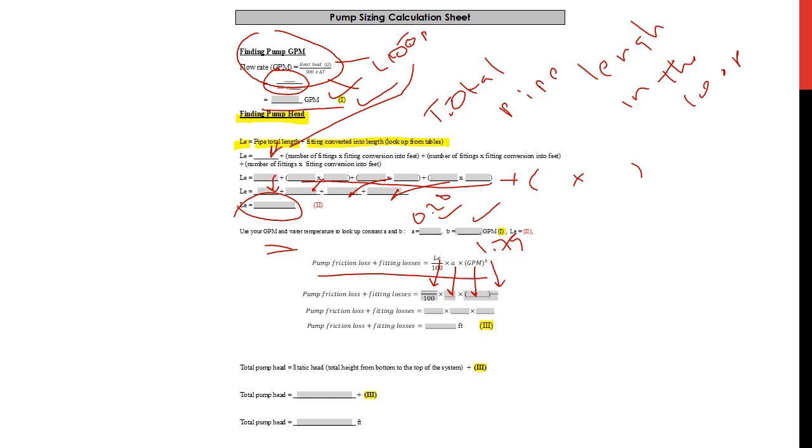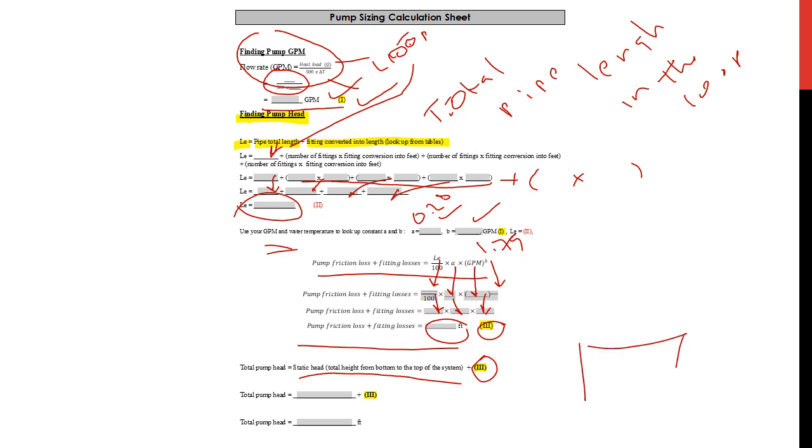You crunch those numbers, and it will transfer to the bottom in here. After you get the calculation, you multiply them all together, and you'll get your feet of head loss based on the friction losses and fitting losses. So having that, you will add to that number, which is now number 3 here, you transfer it to here, the total static head, which is the height of the building.